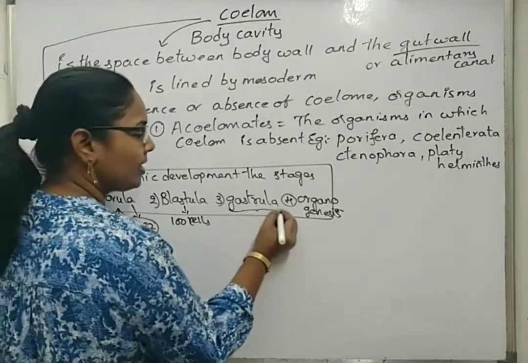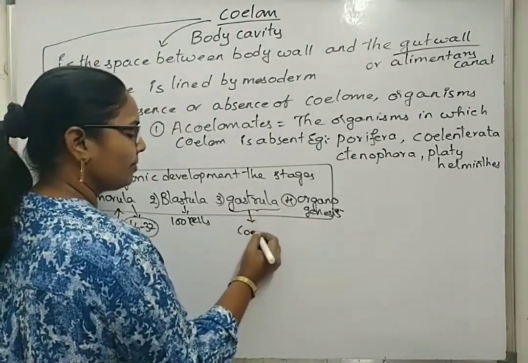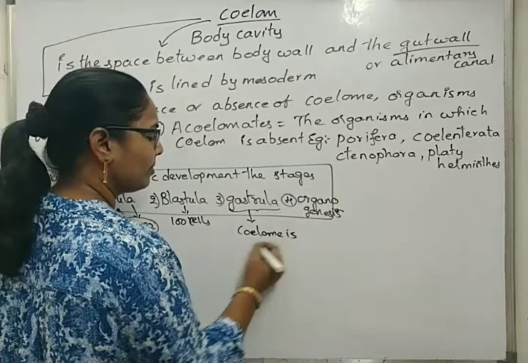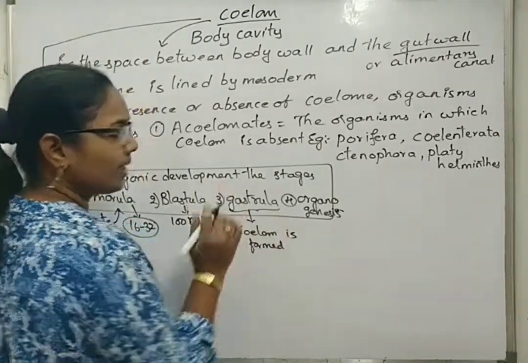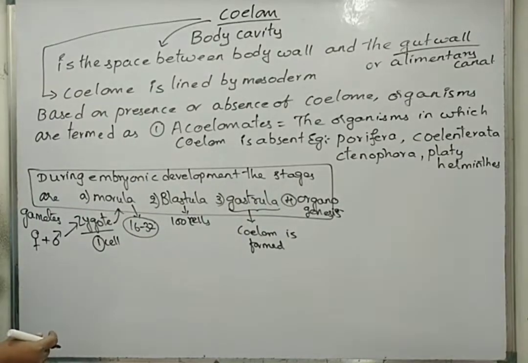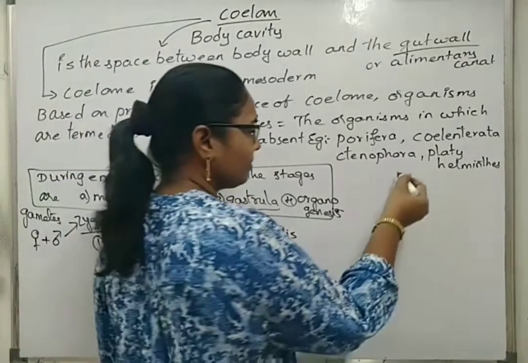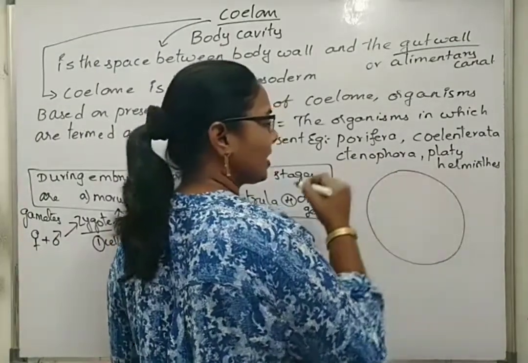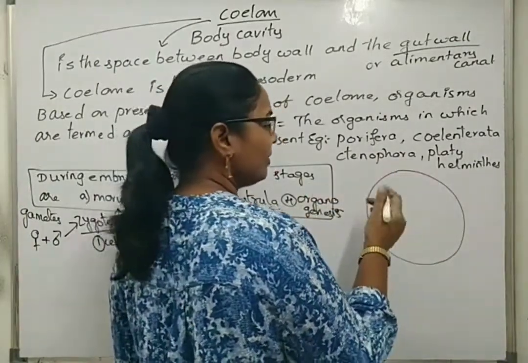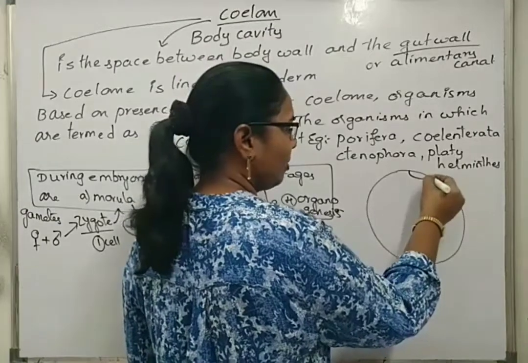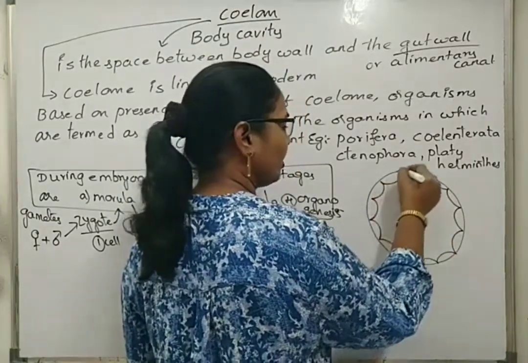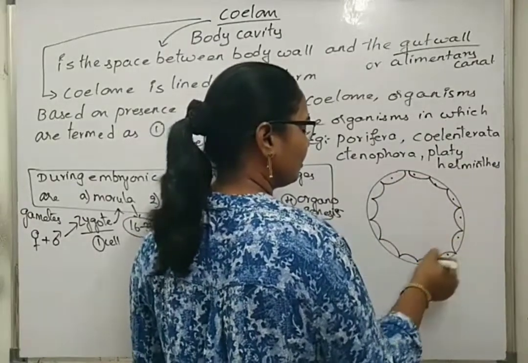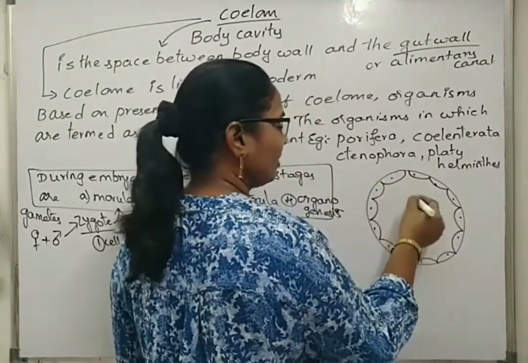At the gastrulation stage, coelom is formed. But the coelom has to be lined by mesoderm. Then only we give the term coelom or body cavity. Coming to the diagrammatic representation, if we do the transverse section of the gastrula, the outermost layer is ectoderm.